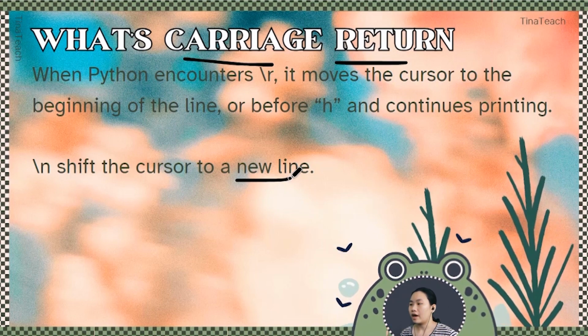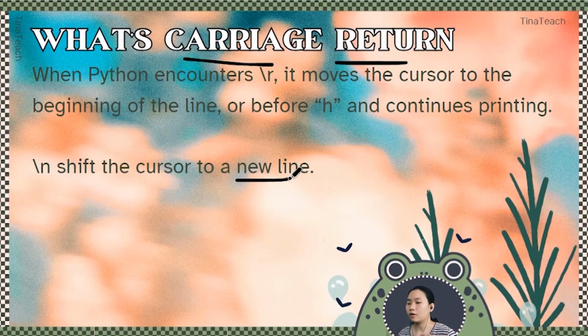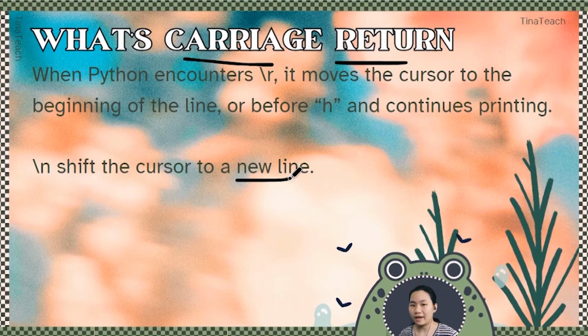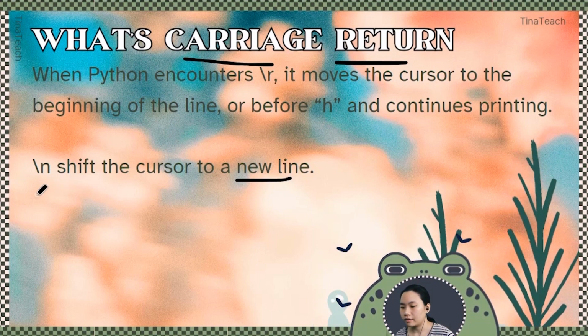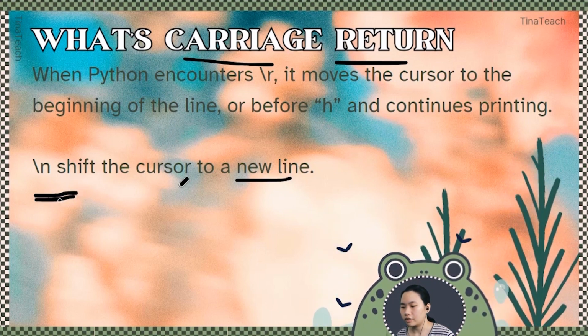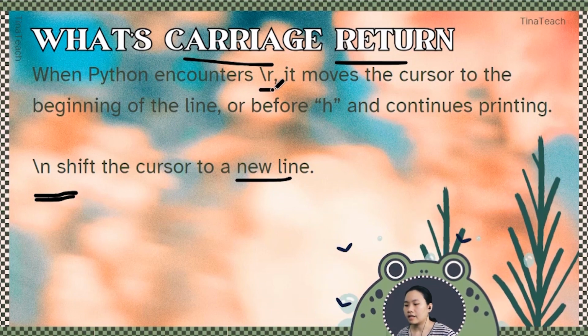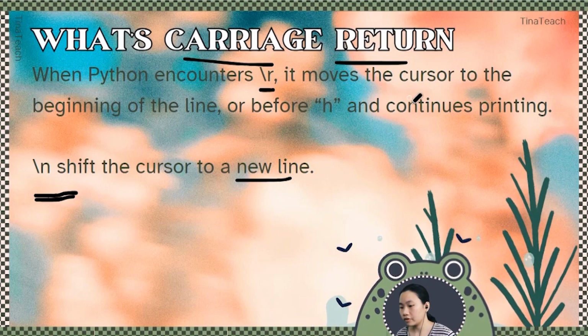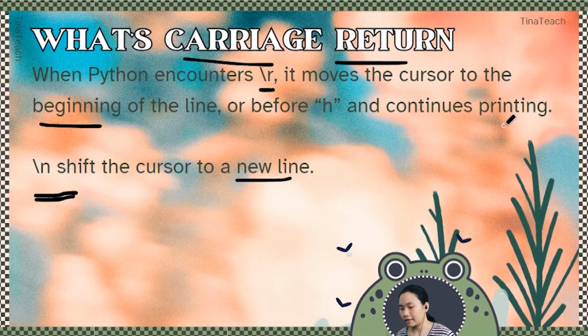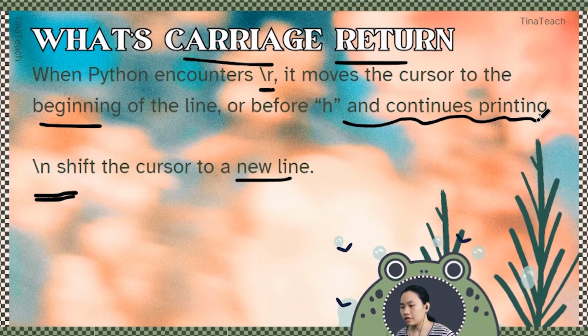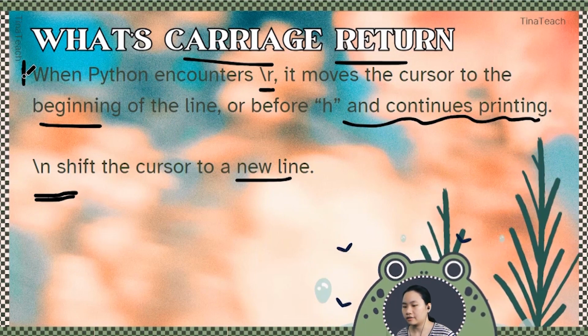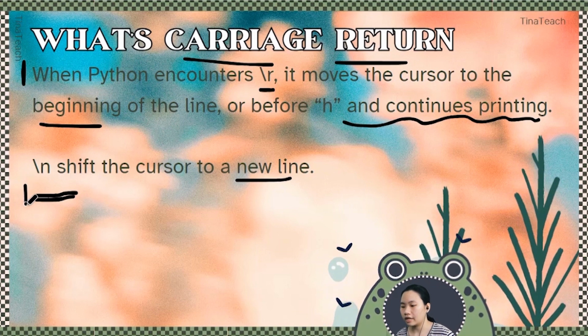So if you have hello world, it will print hello world, and then the cursor will go down, right? It will go down to this line right here. But when Python encounters a carriage return, it moves the cursor to the beginning of the line. So after it prints all of this, the cursor goes back here, okay?